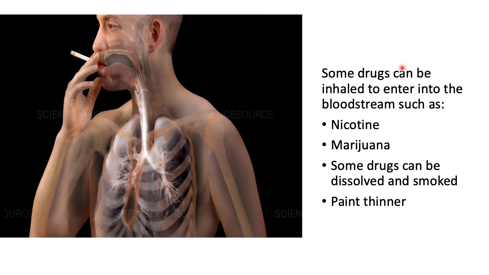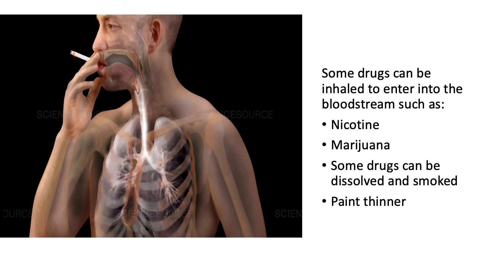The respiratory system is a route of entry for certain drugs, for example nicotine, marijuana, and others that can be dissolved and smoked, and also the inhalants, for example paint thinner. Once these drugs are inhaled, they go through our bronchioles and our lungs before they enter our bloodstream.